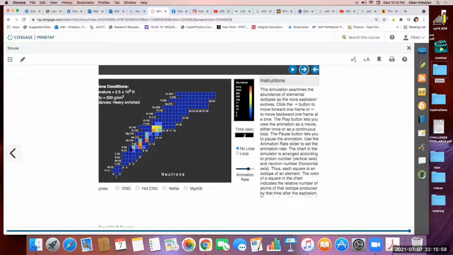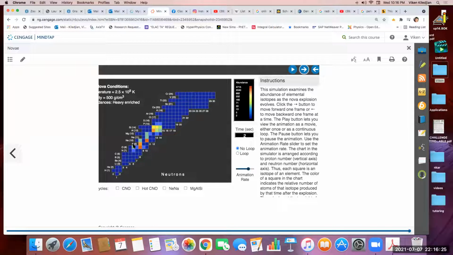Okay, so you see the oxygen, this element of oxygen has been made, this isotope. Oxygen has 8 protons, but there are different isotopes of oxygen. You see the green, the blue, red, and this other green.